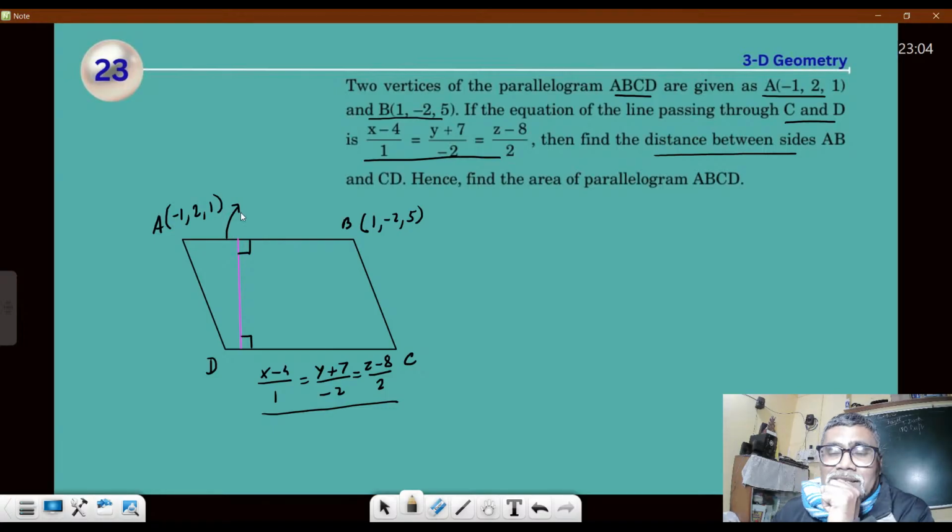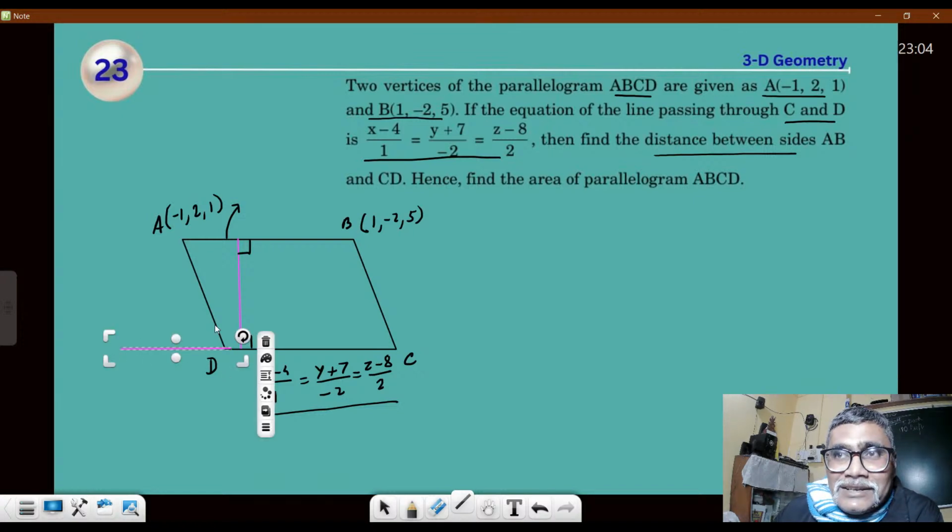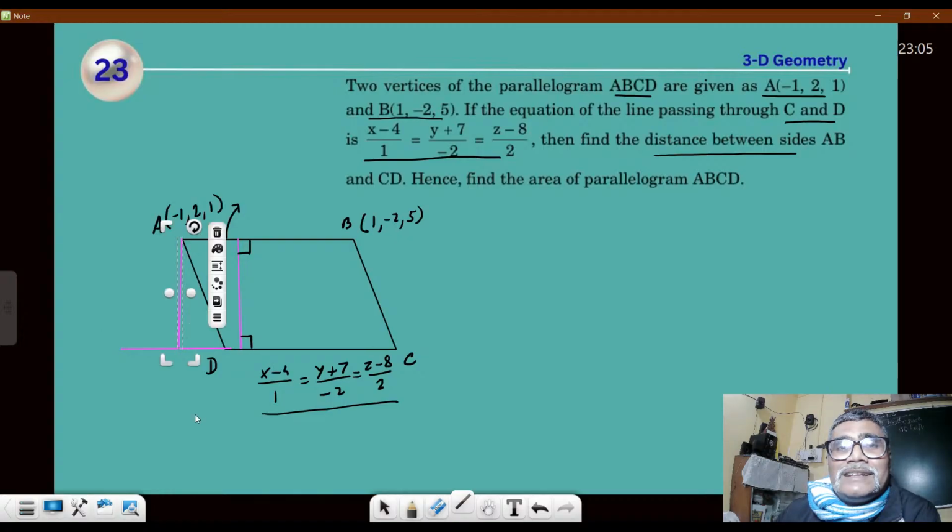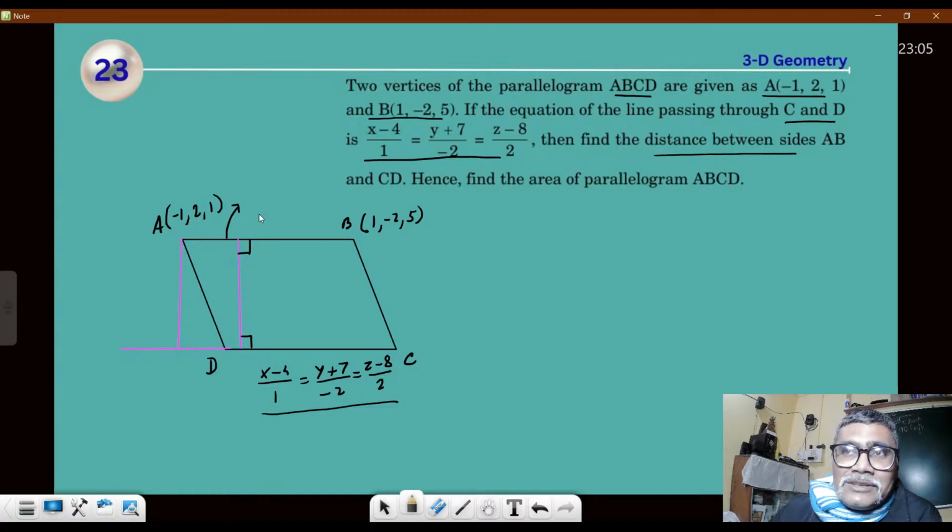Or else, if you try to observe it more meticulously, you may not have to find the equation of the other line, because if you think this line to be extended, from here only you can find the perpendicular distance. That itself will also work as the distance between these two lines. Now the choice will be totally up to you, but I suggest you find the equation of this line. So what is the equation of AB?